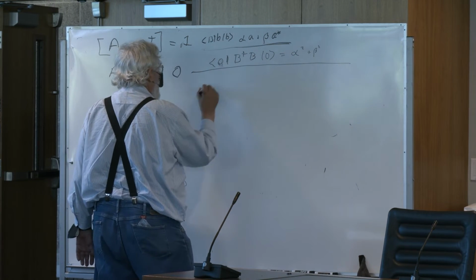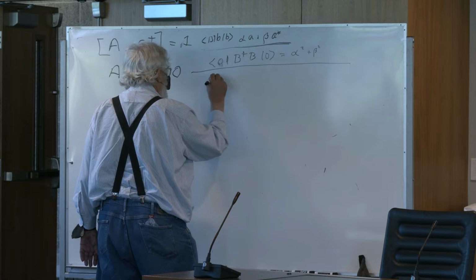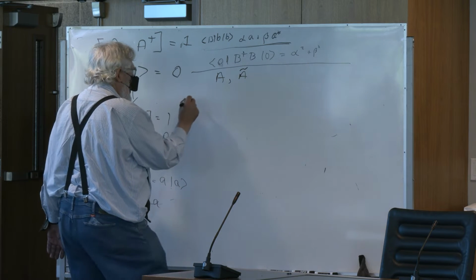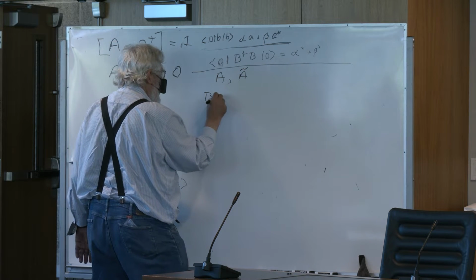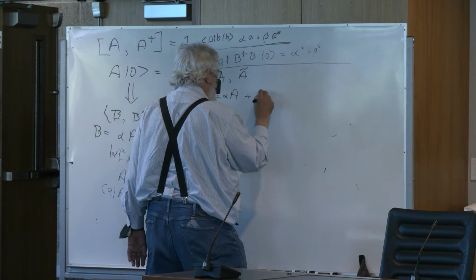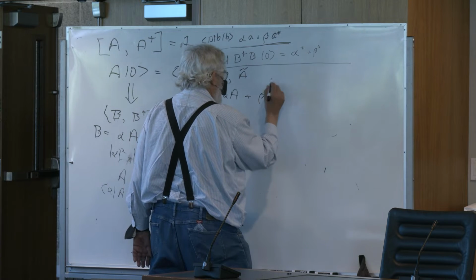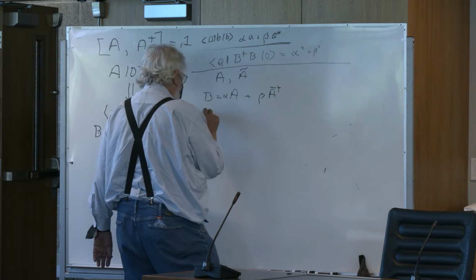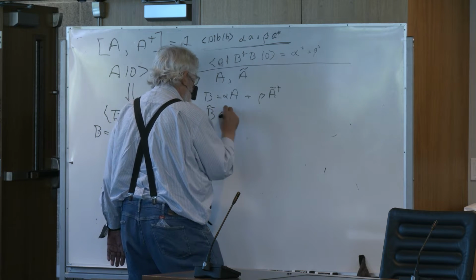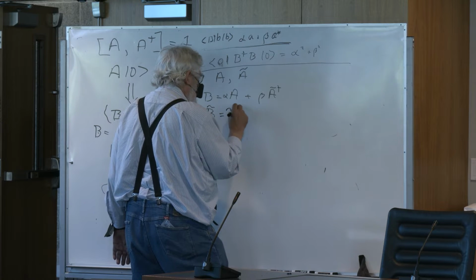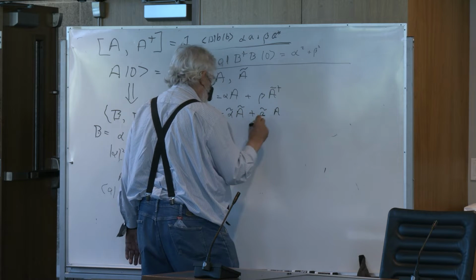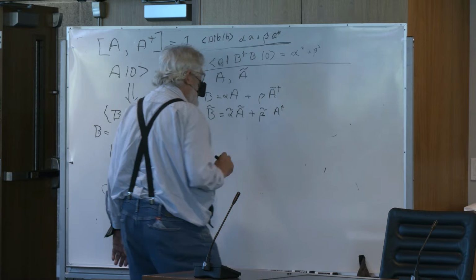The other case I want to look at is if I now have two different A's, an A and an A tilde. B is equal to alpha A plus beta A tilde dagger, and B tilde is alpha tilde A tilde plus beta tilde times A dagger.